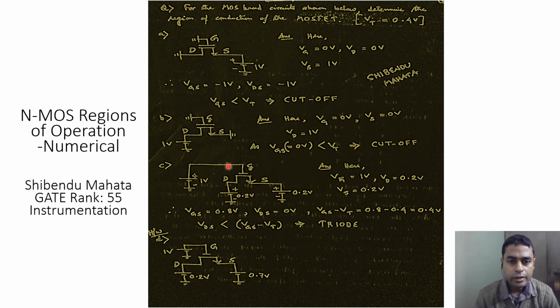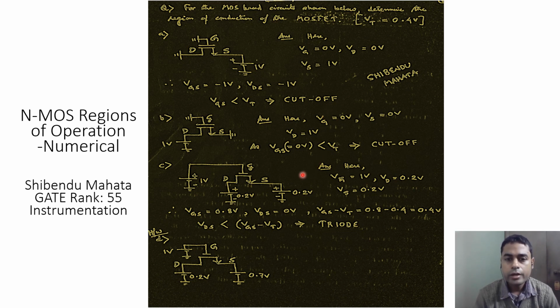We find that gate to source voltage is equal to 1 volt minus 0.2 volt, so this is equal to 0.8 volts. So VGS is 0.8 volts and it has exceeded VT. So the channel formation has taken place between source and drain terminals.